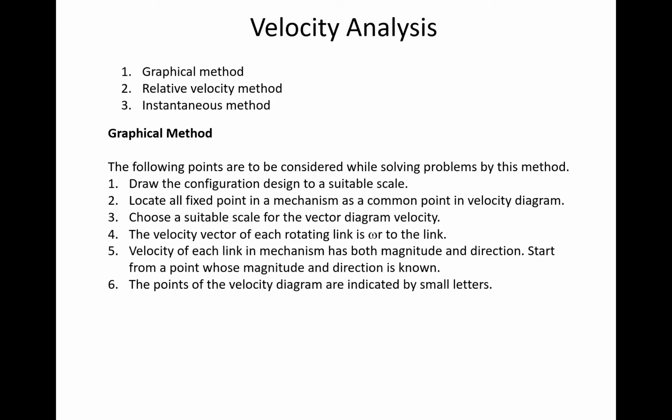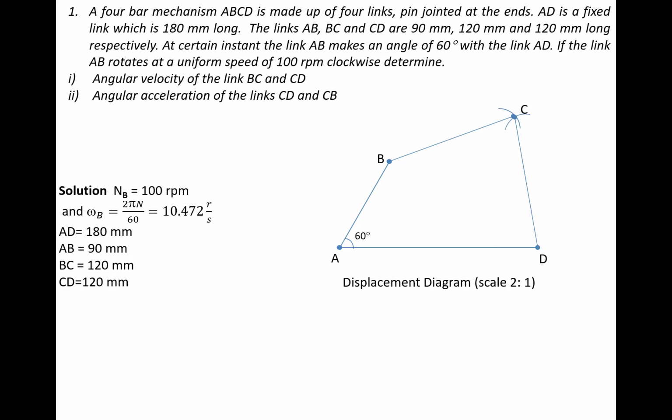After that, the velocity components of the intermediate linkages we will draw by connecting perpendicular lines. So this is our 4-bar mechanism. We'll first discuss how to plot the velocity components for this 4-bar mechanism and how to find the relative angular velocity and angular acceleration for it.